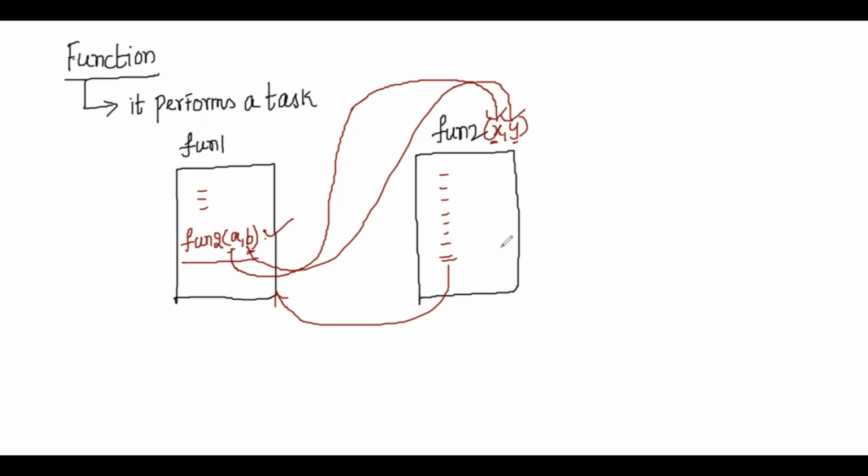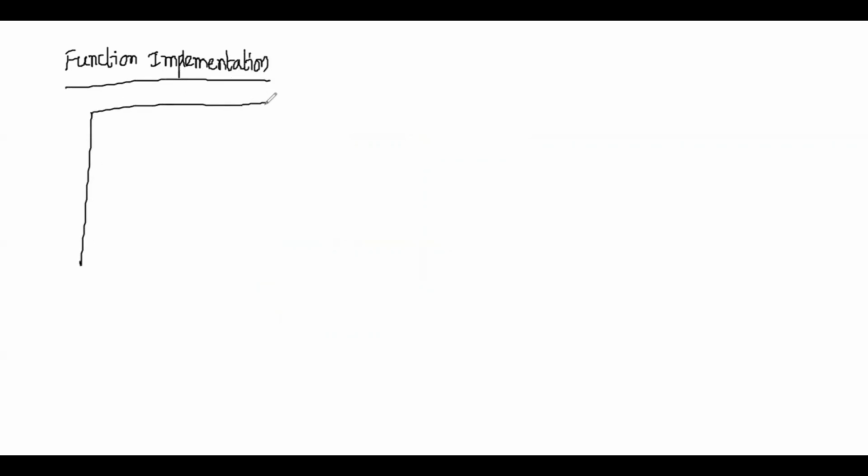Now let's see the syntax of implementing a function. Any function implementation has two parts: one is the function header, the other one is the function body.